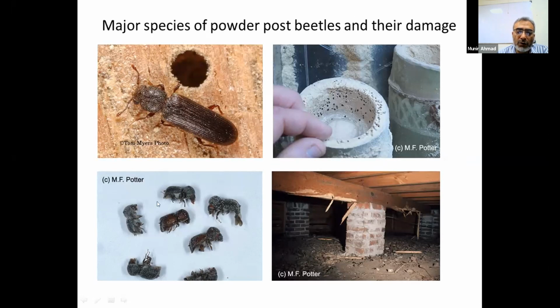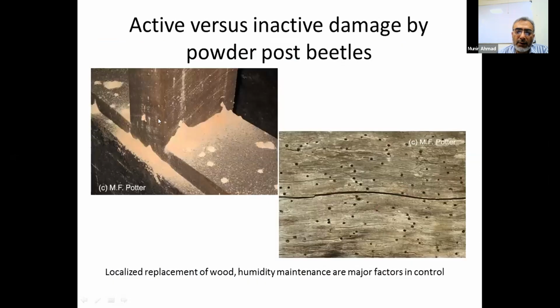This is the most common powder post beetle, the lower one, which is present in our area. But others can be present, and they are identified on the basis of the damage they cause. Generally, they cause circular damage, with an opening at the place. This is the fresh one, this is the active, and this is the passive damage.